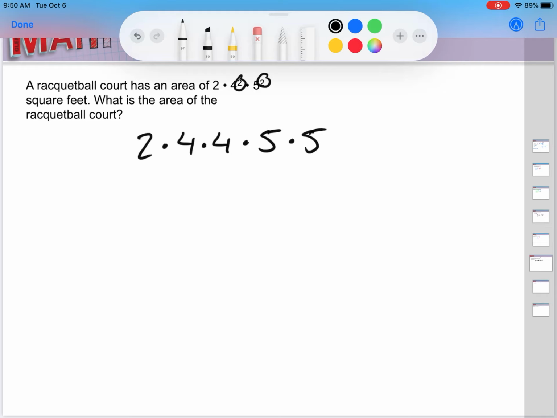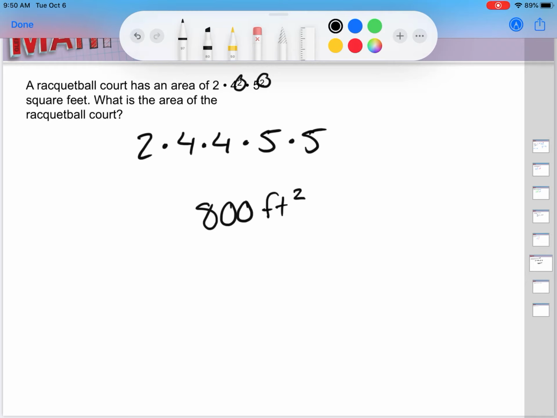And then I could multiply this all together. So 2 times 4 is 8. 8 times 4 is 32. 32 times 5 is 160. 160 times 5 is 800.